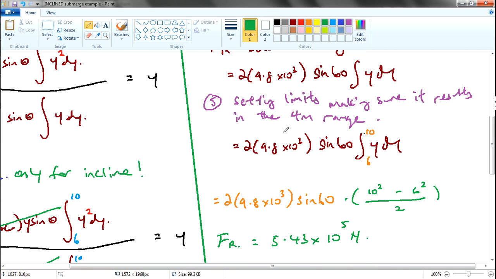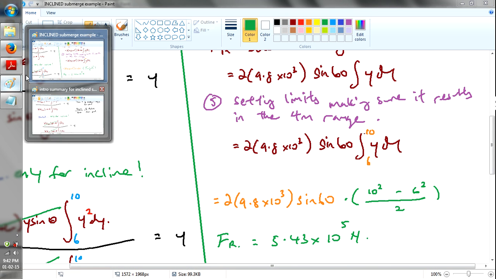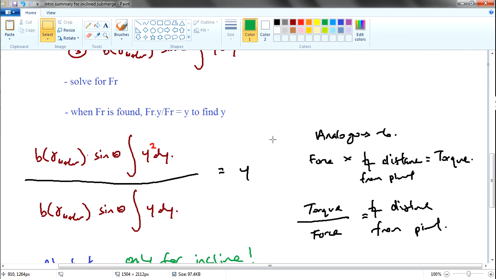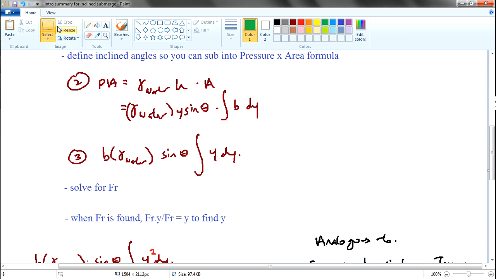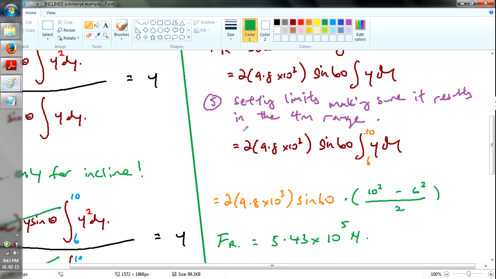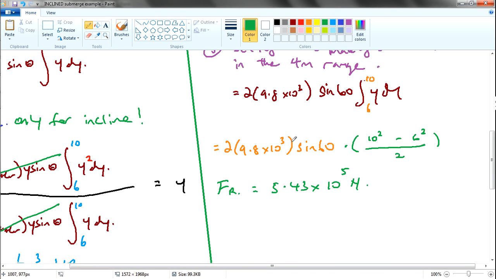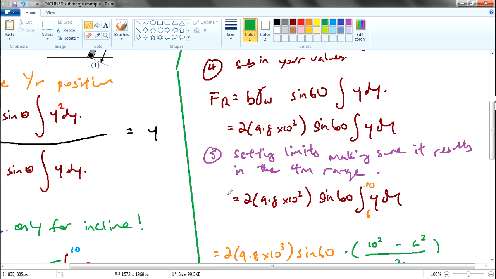Apparently you can straight away use the general formula, which is this one, where this is the breadth, this is rho g, the specific weight of the water, and sine theta. So if they ask you to derive, at least you know how to derive, and then you will eventually find Fr.